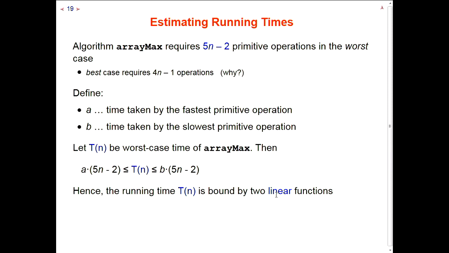And that helps us predicting that our algorithm, when we double the size of the input, roughly will take twice the time to execute. And if we increase the input size by a factor of 10, then we can expect the runtime to also increase by a factor of 10. This is what we typically have with so-called linear functions that provide bounds for the actual runtime of the algorithm.